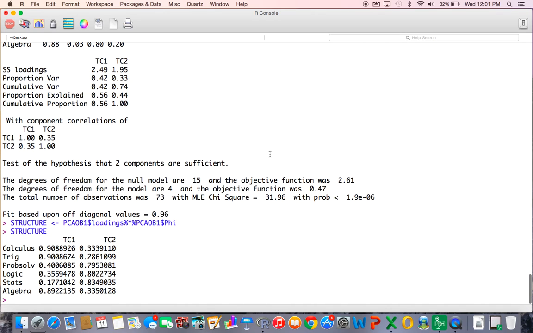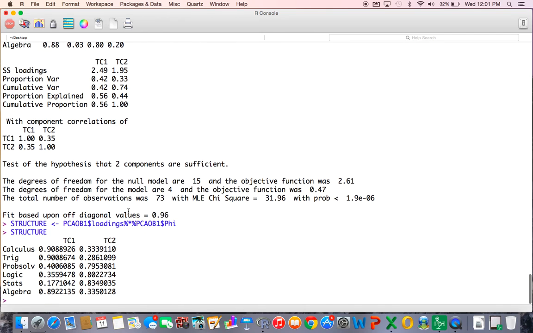It looks like to me, let's see, 0.89. So the structure matrix has, let's look at things bigger than, 0.90, 0.90, 0.89. So there's consistency around the 0.9, telling us calculus, trig, and algebra load on component 1, and then consistency around the 0.8 mark, telling us stats, logic, and problem solving load on component 2.